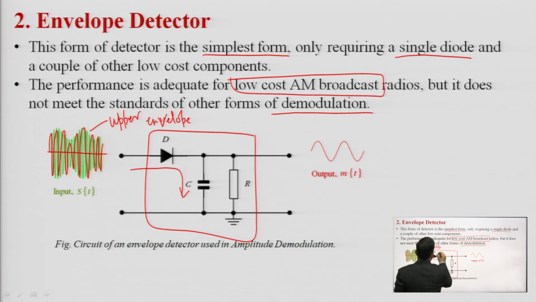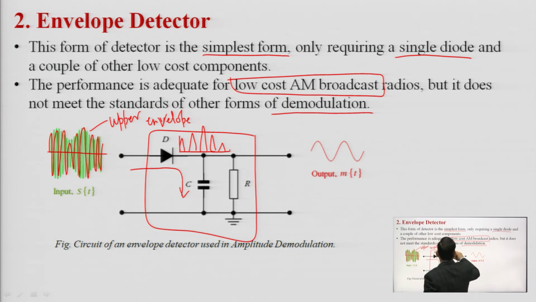If we draw the waveform, it will be something like this, and finally some small peaks, and again something like this. This is the output at this particular end, because we are utilizing a single diode.